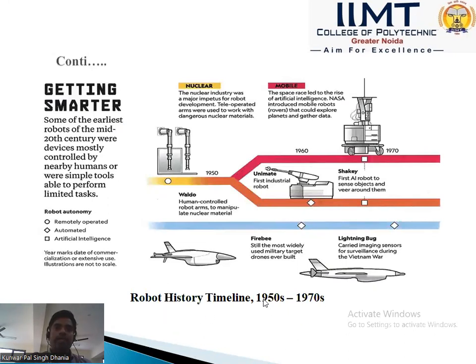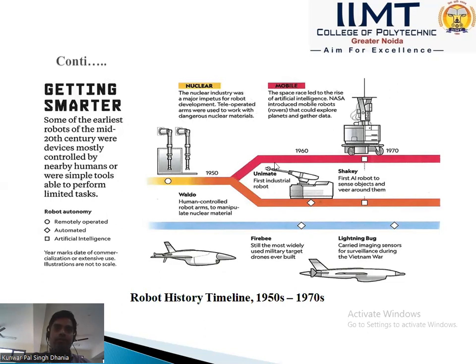Robot history timeline, 1950 to 1970. In the 1950s, the nuclear industry was a major impetus for robot development. Teleoperated arms were used to work with dangerous nuclear materials.